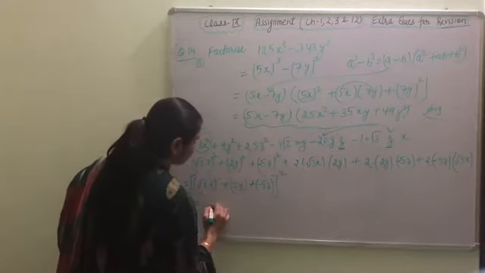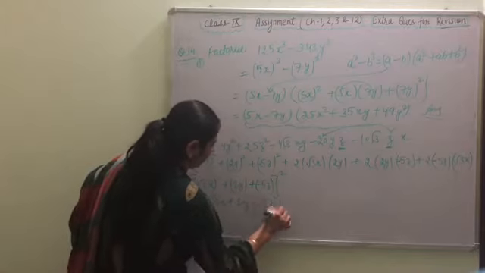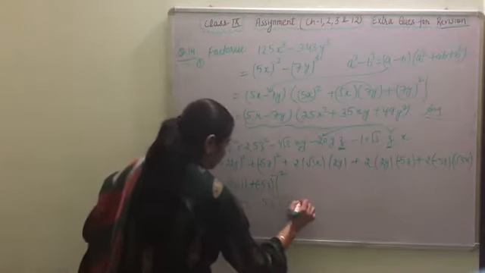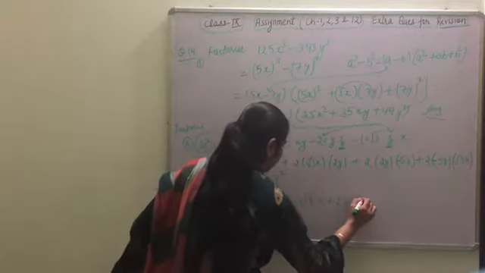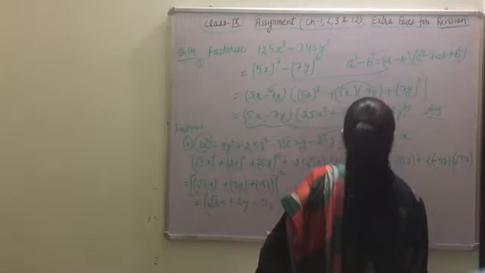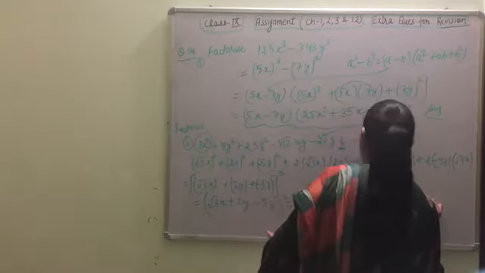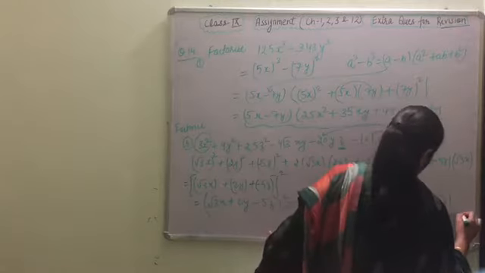Whole square means the term is occurring twice, so we write it as twice: (root 3 x plus 2y minus 5z) times (root 3 x plus 2y minus 5z). If you do not write this as twice, the deduction will be 0.5 marks, so you have to mention this as twice. This is the final answer.